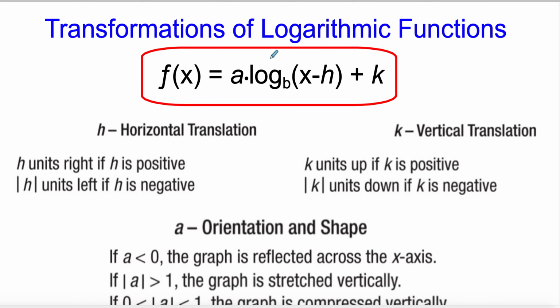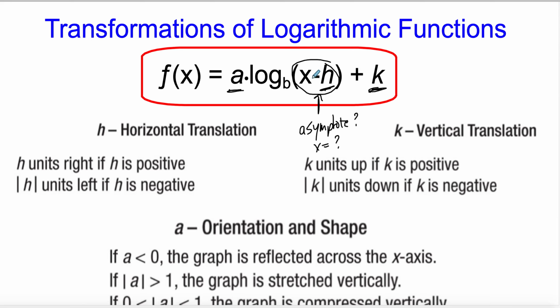When we're looking at general form here, just like any general form before, you have A, which tells you dilation or reflection, H is going to tell you shift left or right, and K is going to tell you shift up or down. This right here is the important piece to note, because this is going to tell you where the asymptote is. This will be x equals something for the asymptote. And you're always going to think opposite, like your vertex form stuff.